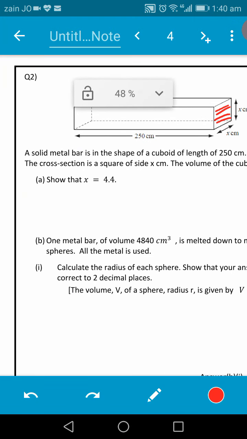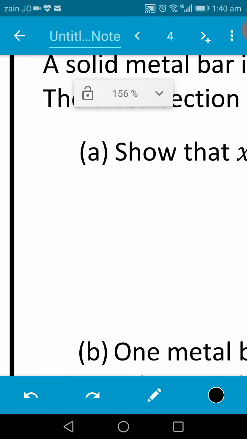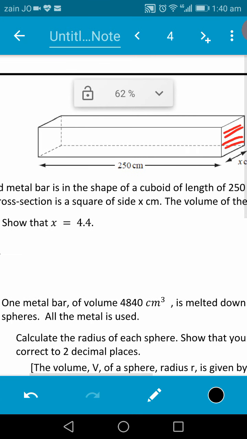Okay, now teacher, the volume is given, which is 4,840. How can you find the volume? The volume equals length times width times height, right?